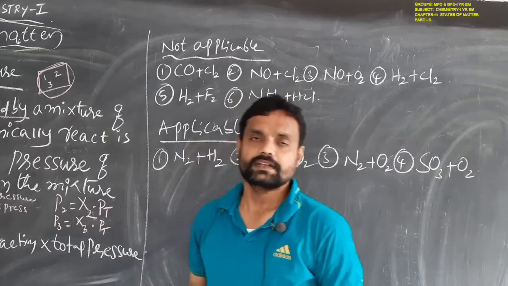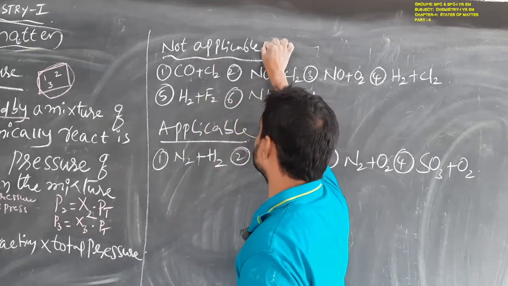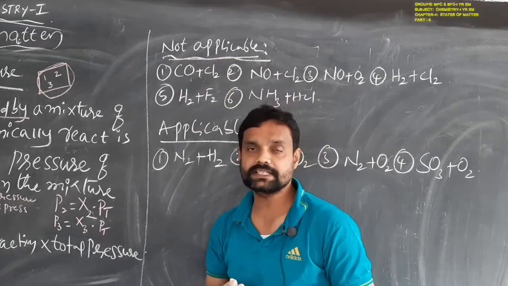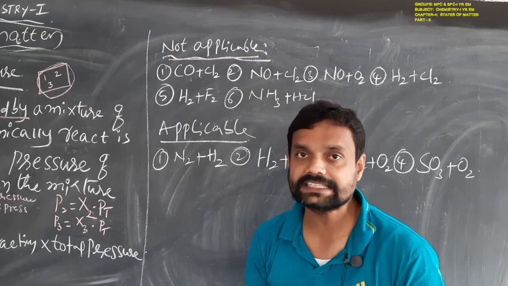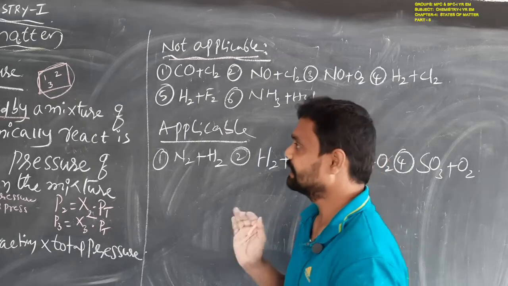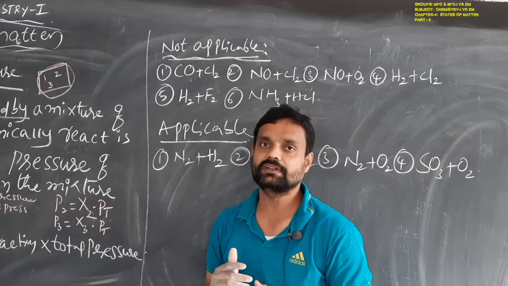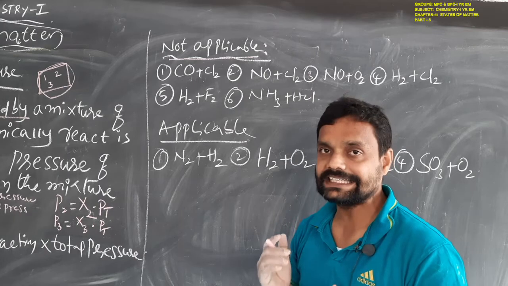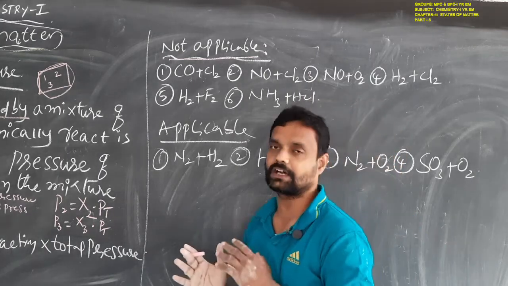Okay. So this Dalton's law of partial pressure is not applicable to gases which chemically react with each other. If chemically reacting gases are present, then Dalton's law is not applicable.